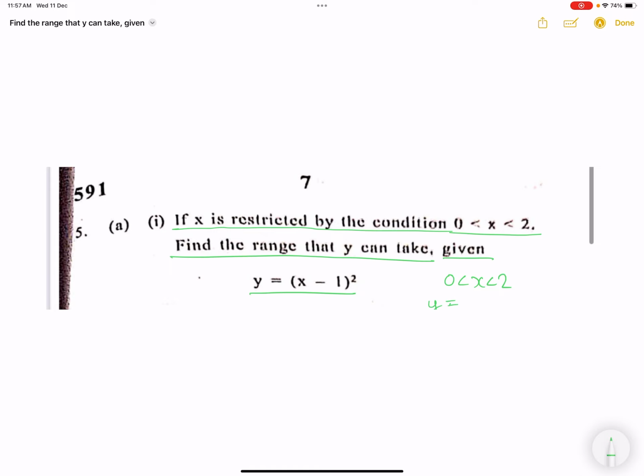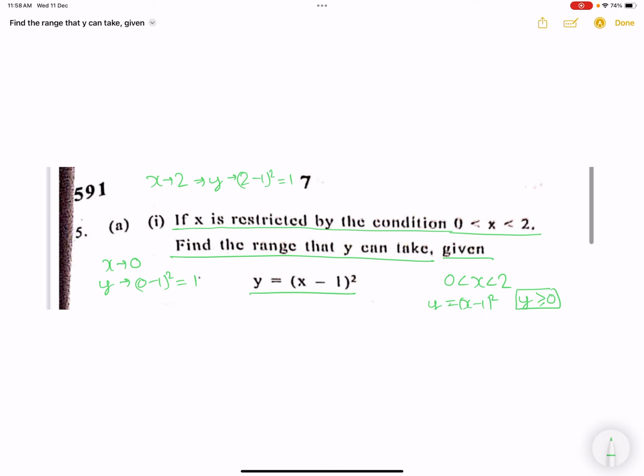Since y equals x minus 1 whole square, y would always be greater than or equal to 0. Suppose x approaches 0, y would approach 0 minus 1 whole square, which is 1. And as x approaches 2, y will approach 2 minus 1 whole square, which is 1.